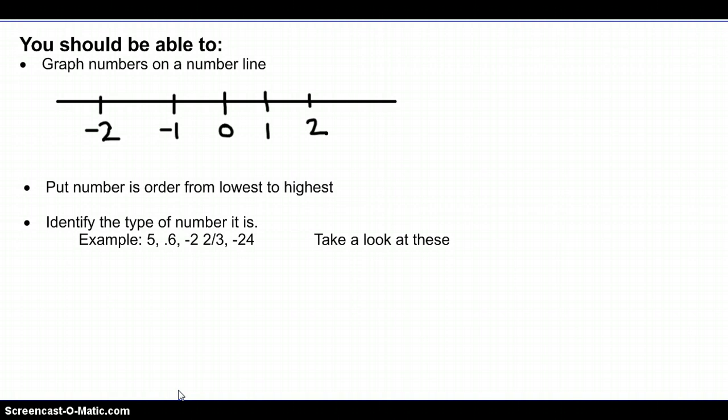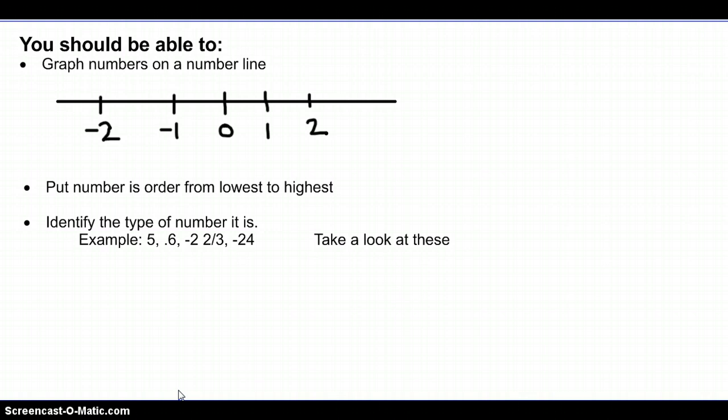If you look at 0.6, however, 0.6 is not a whole number. It's just a part of a number. We know that integers have to be whole numbers. They can be positive or negative. That is not a whole number, so it's not an integer, but it is indeed a rational number, because remember, rational numbers are in the form of a divided by b, where b is not equal to 0.